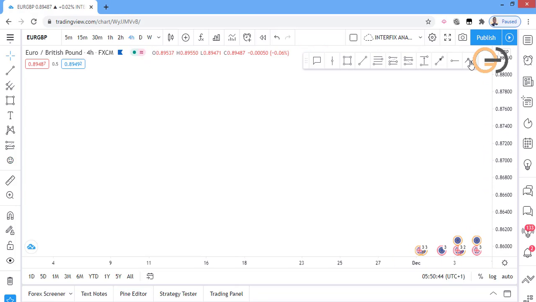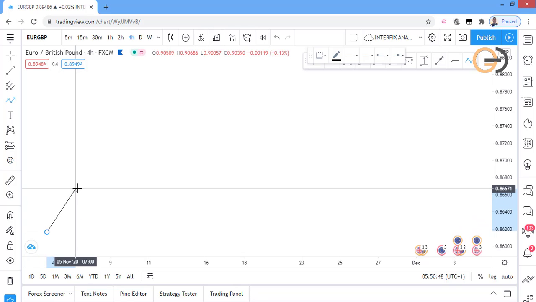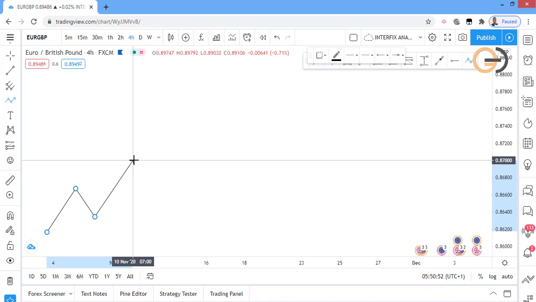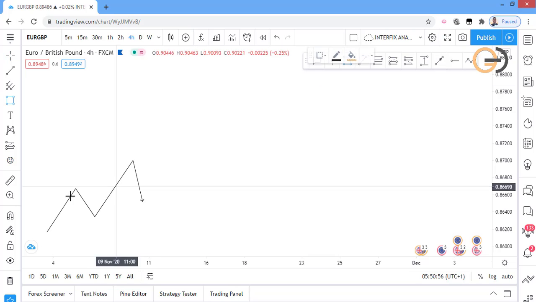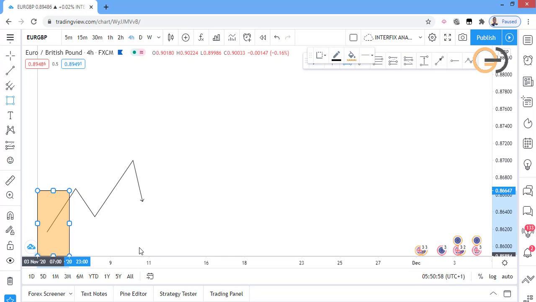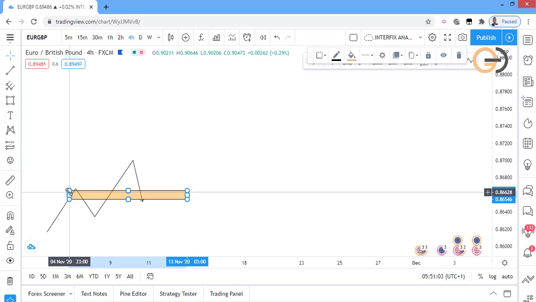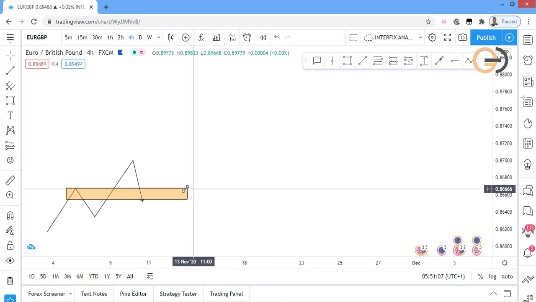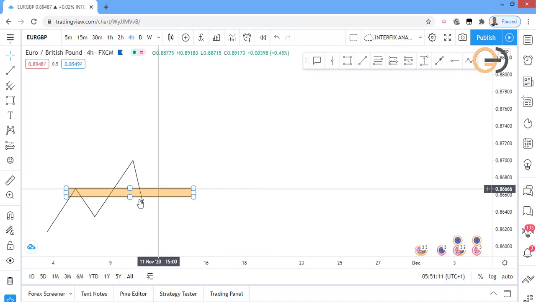So the strategy works like this. We want to see a clear price movement to the upside, and then a violation of previous lows, creating a previous high, then a retest. All right, so we want to see a retest of previous structure. Now one thing I want you to understand is the concept behind this.